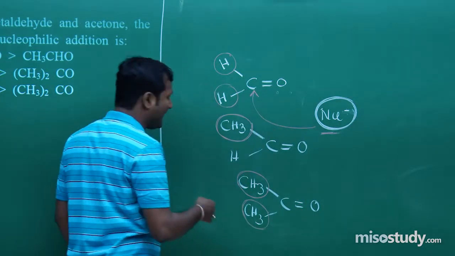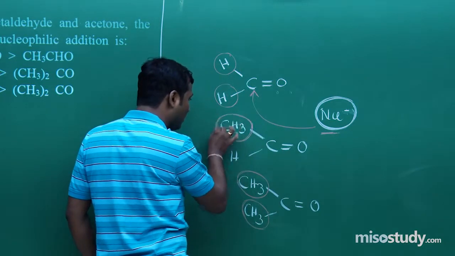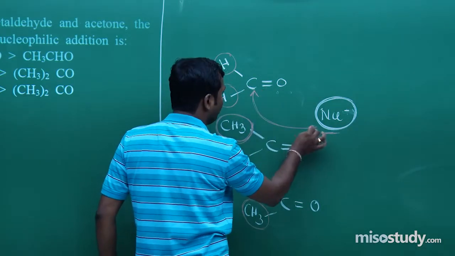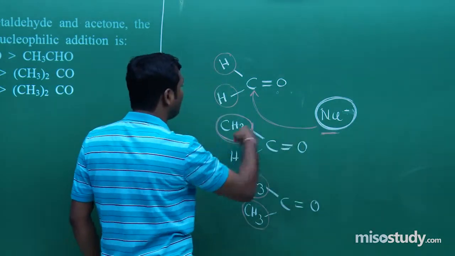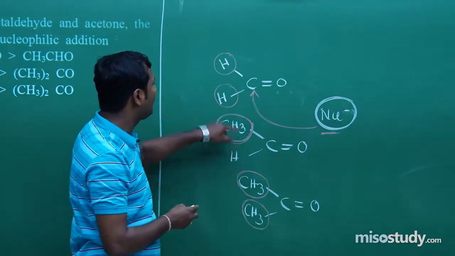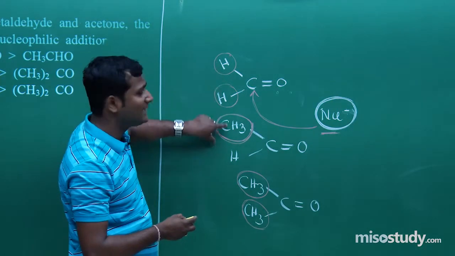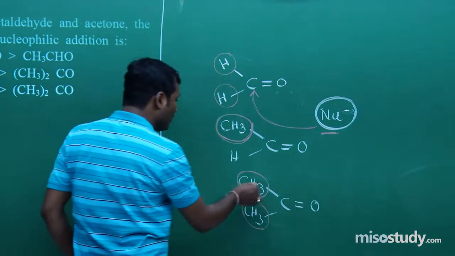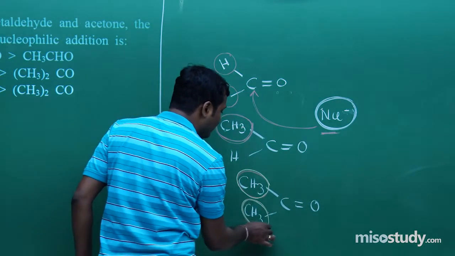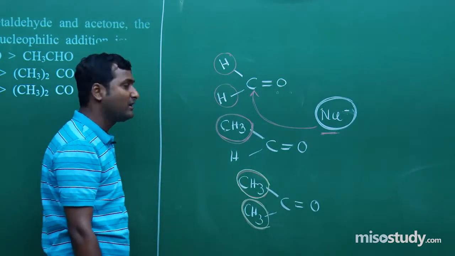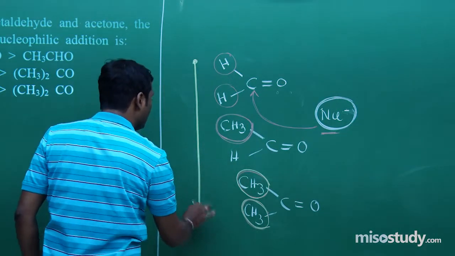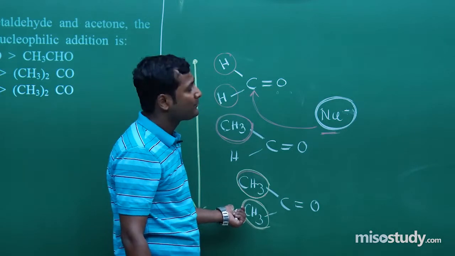But in acetaldehyde there is one alkyl group, so it will take more time to attack. It will hinder the addition of nucleophile compared with formaldehyde. In ketone there are two alkyl groups, so it restricts the addition even more. Due to this, reactivity decreases from top to bottom towards nucleophiles. This effect is known as the steric effect.